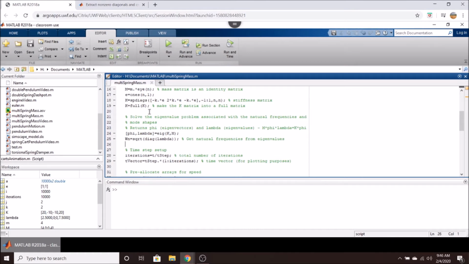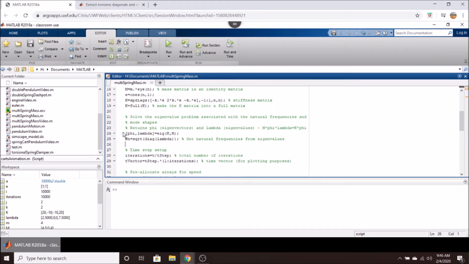So the next step is to solve the eigenvalue problem associated with the natural frequencies and mode shapes. So we use the eig command in MATLAB to return our eigenvectors, phi, and our eigenvalues, lambda. And here's the general form of the eigenvalue problem that we're solving here. Phi are our mode shapes.